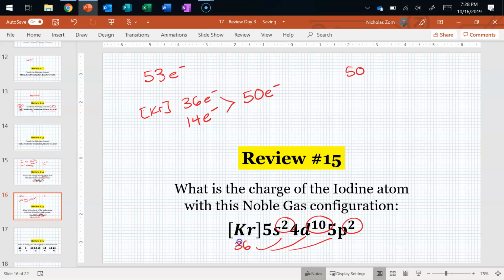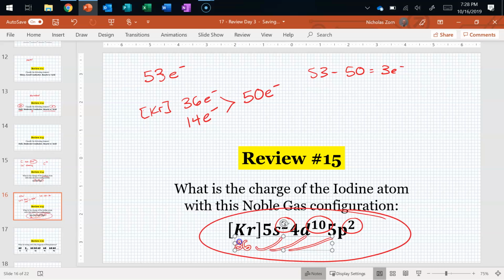So I have a difference of 3 electrons. There are fewer electrons shown in the electron configuration than you normally have, so this is going to be a +3 charge.